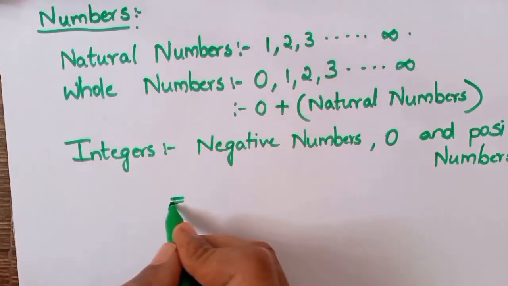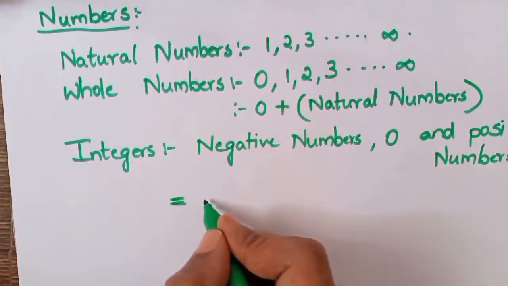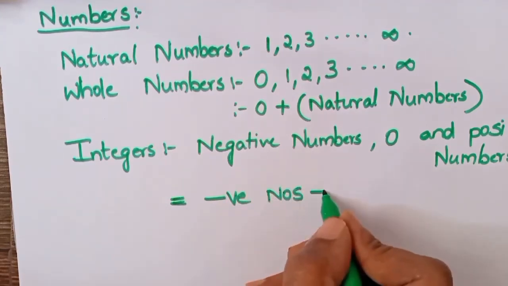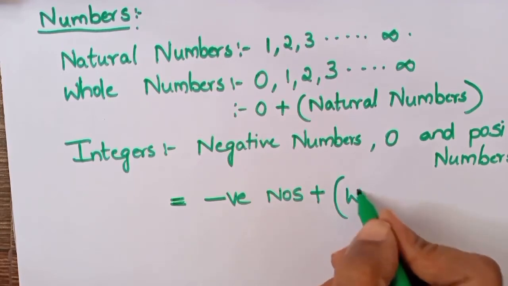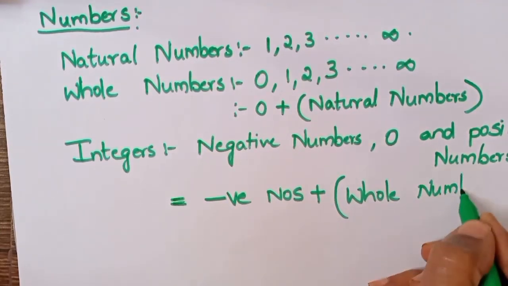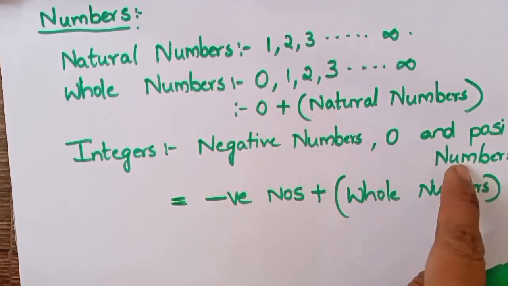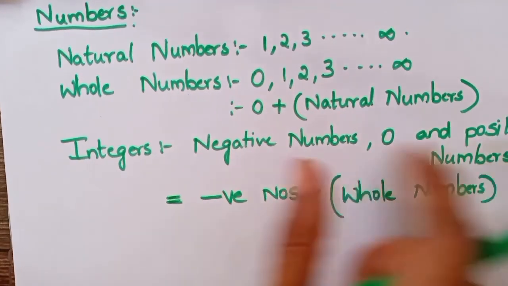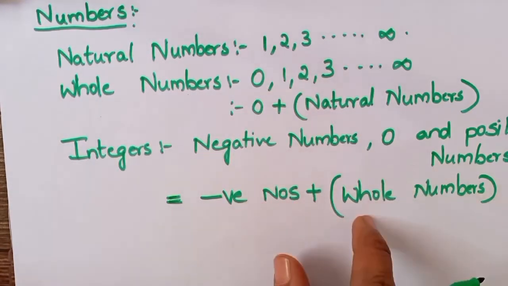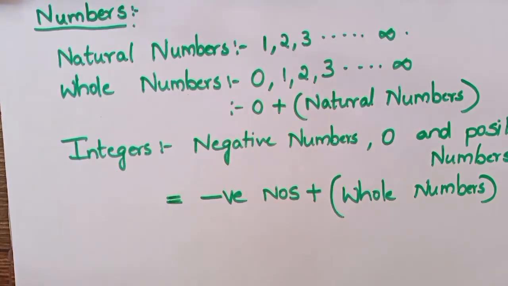So integers can also be understood as all the negative numbers plus the whole set of whole numbers, because 0 plus all the positive numbers will make the set of whole numbers. So if we add just the negative numbers to that set, the whole set of integers will be seen.